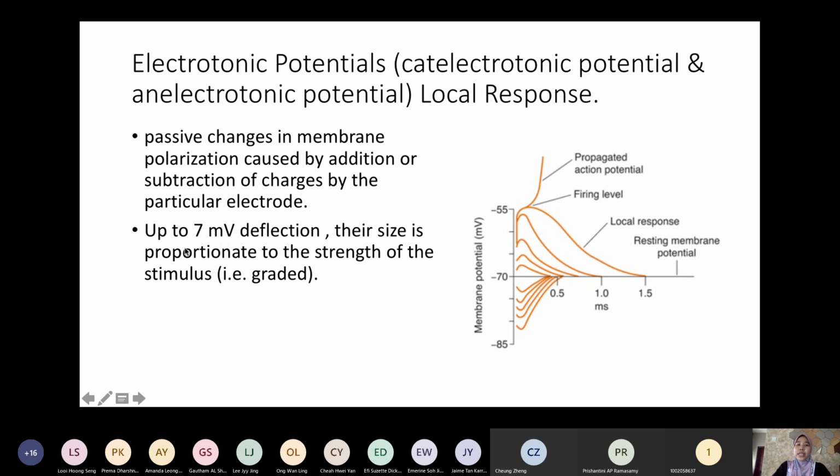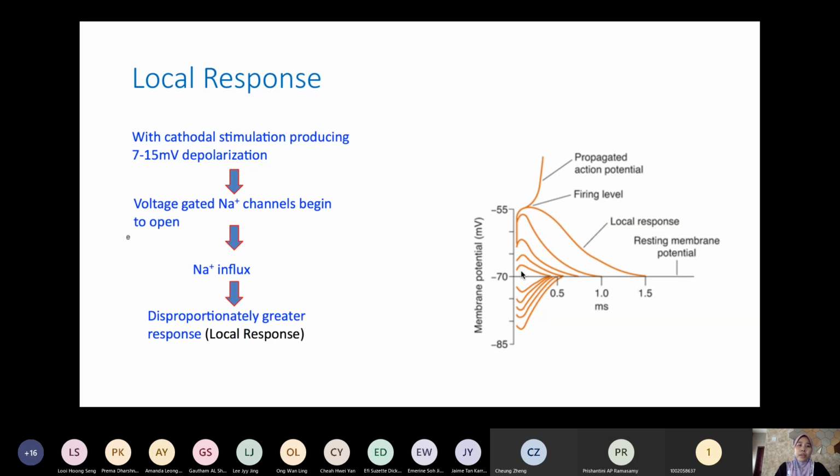Okay, let's say we only give a 7 millivolt deflection. So usually we have negative 70. When we give another 7 millivolt, it will become negative 63. But that is sub-threshold. Okay, but this actually can help the excitable tissue to start firing up.